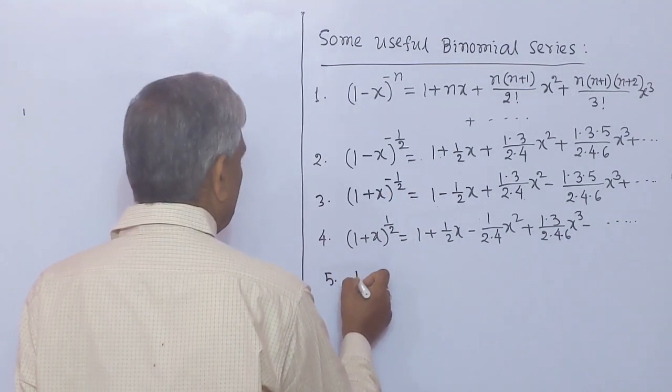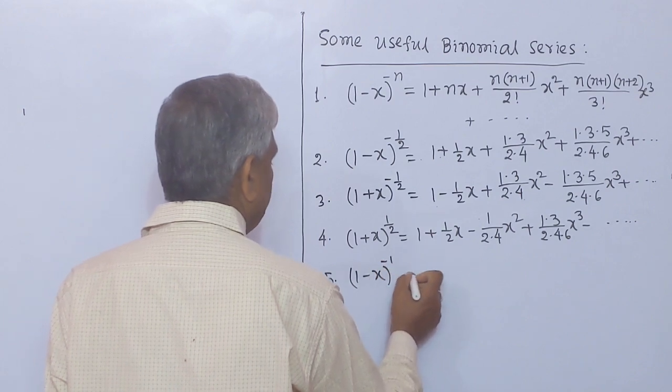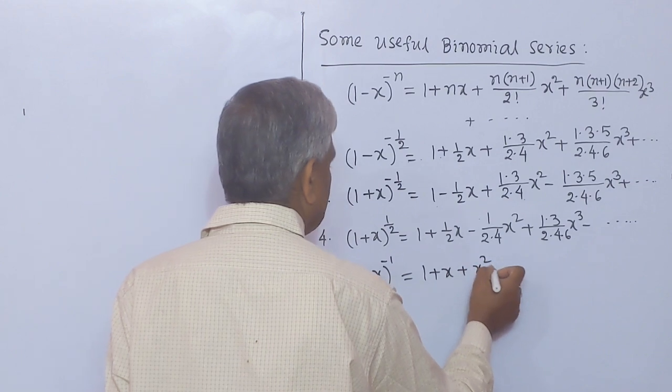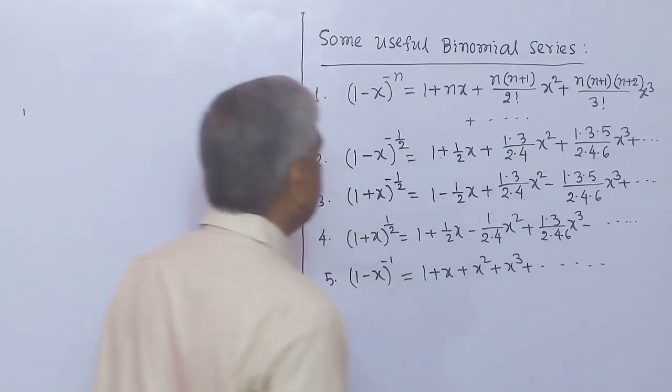Number 5: (1 minus x) to the power minus 1 equal to 1 plus x plus x square plus x cube plus dot dot dot.